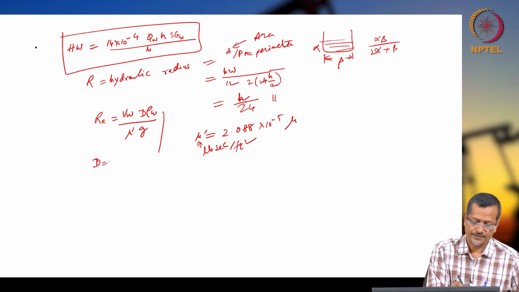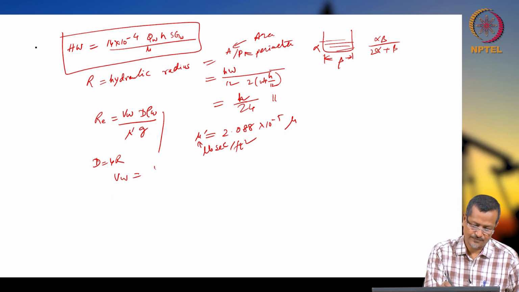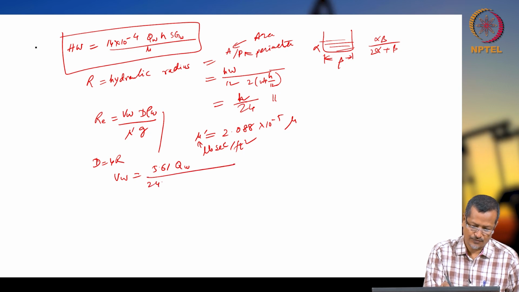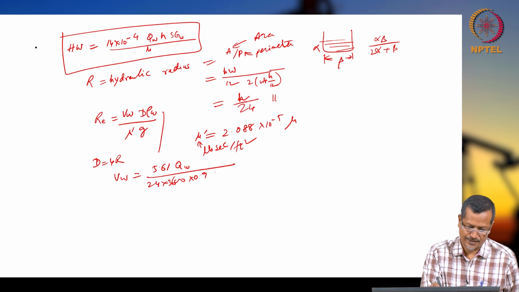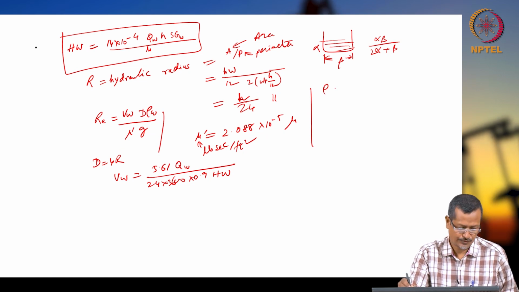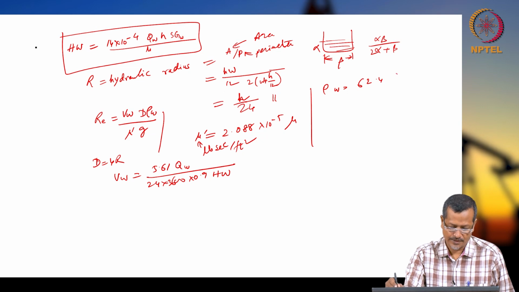D is 4R. So this gives VW equals 5.61 QW over 3600 into 0.9 HW. Rho value we have to change: rho W equals 62.4 SG.